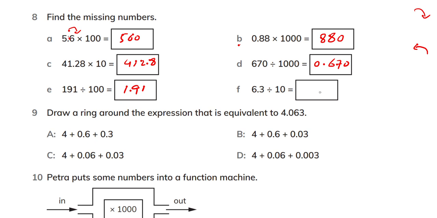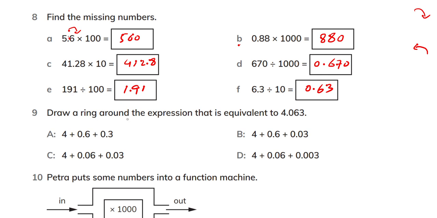Look, we are dividing, so the decimal will shift to the left side. Yes, Abdul Rahim. 0.63, because when I shift it here, it will come here, 0.63. And you know there is a convention to write 0 before the decimal. So 0.63. Okay. Clear?